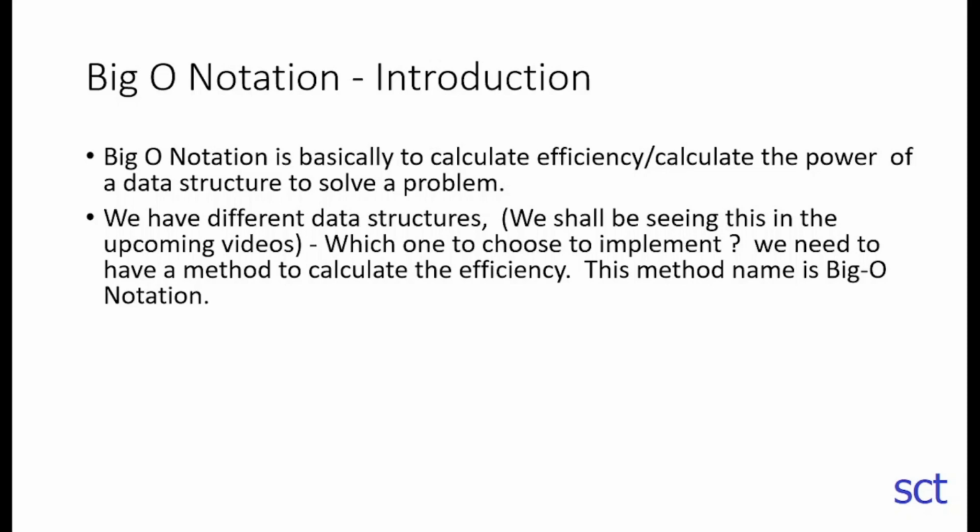How do you find that? We have different data structures, and we are going to see them in the upcoming videos. Which one to choose to solve a particular problem? We need a method to calculate the efficiency of a particular data structure. This method is called big O notation.